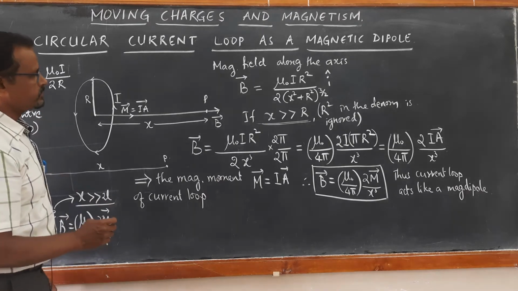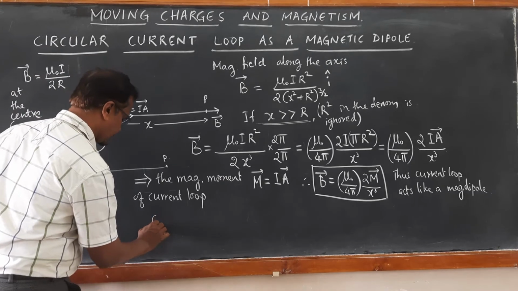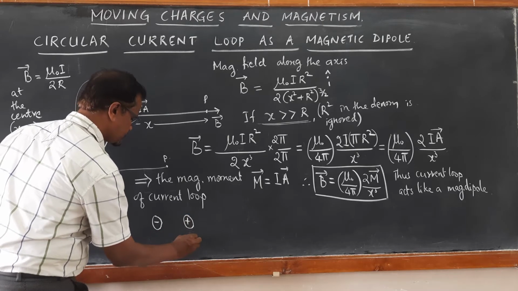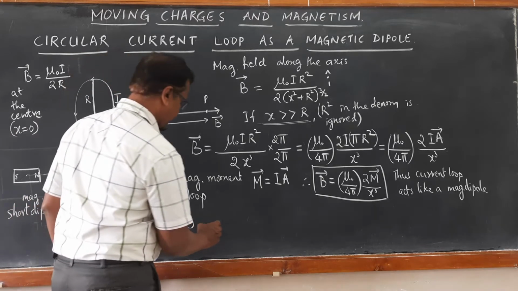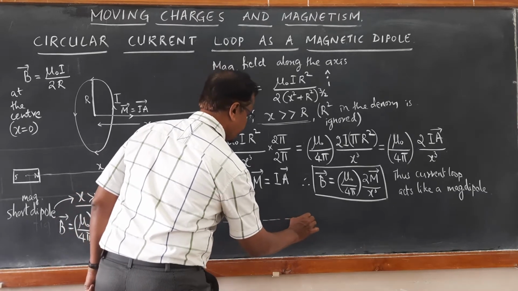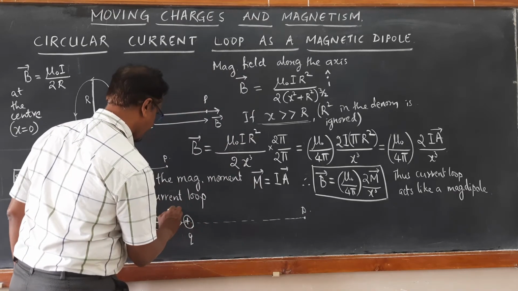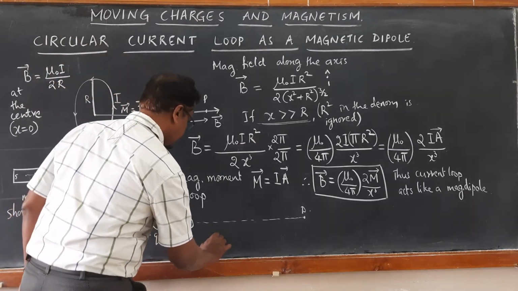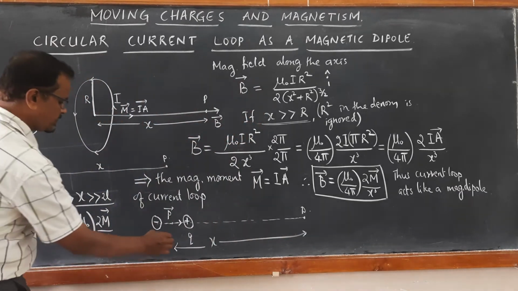In the same way, if you recall what we have learned in electrostatics, for a short electric dipole with plus q and minus q, we have derived the equation for electric field at a far away distance, at a point P along the axis. Here it has a dipole moment P from negative charge to positive charge, as you remember, and this is the distance x from the center O.